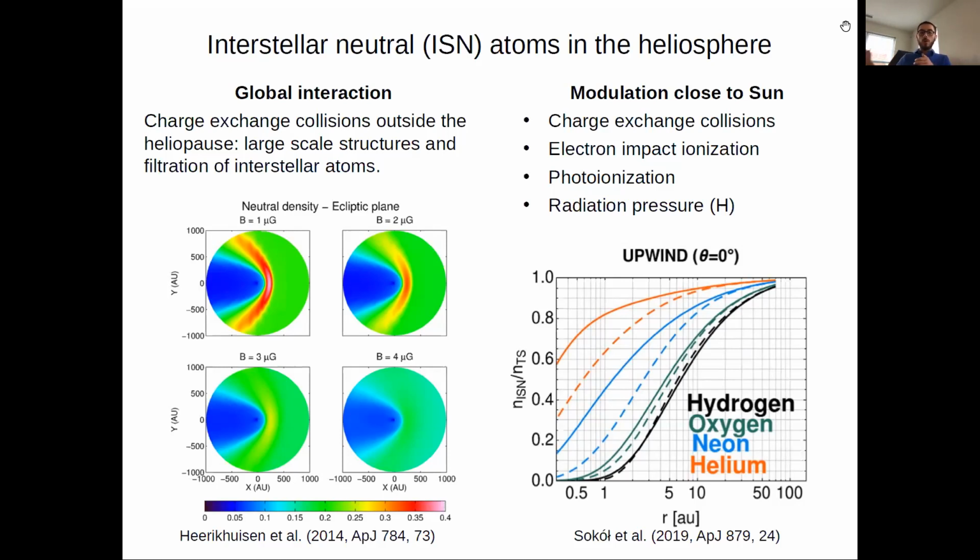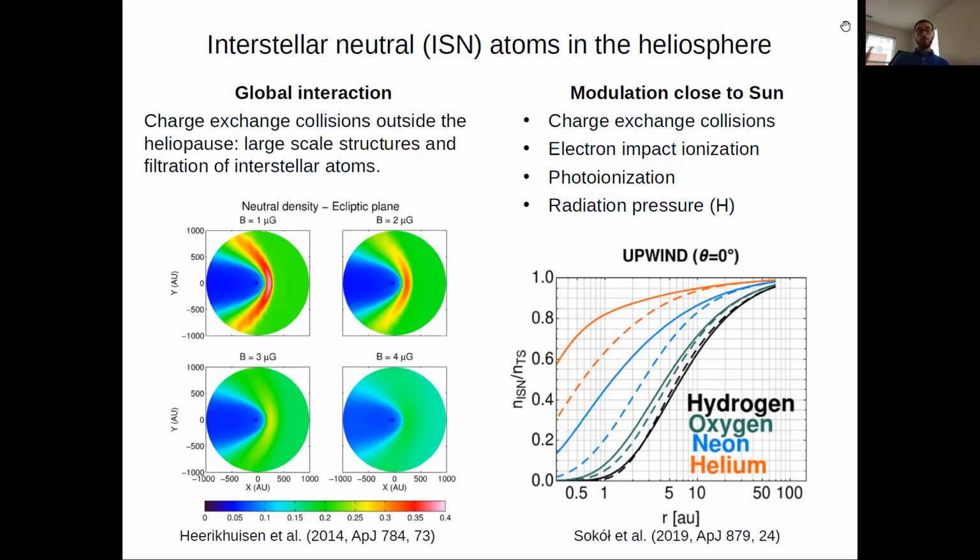So not all of these neutrals can actually penetrate inside the heliosphere. This is important. Of course, for charged particles, we don't see anything, except maybe for high energy cosmic rays. For most of the charged particles, we don't see inside the heliosphere. But for neutrals, we see some part of them.